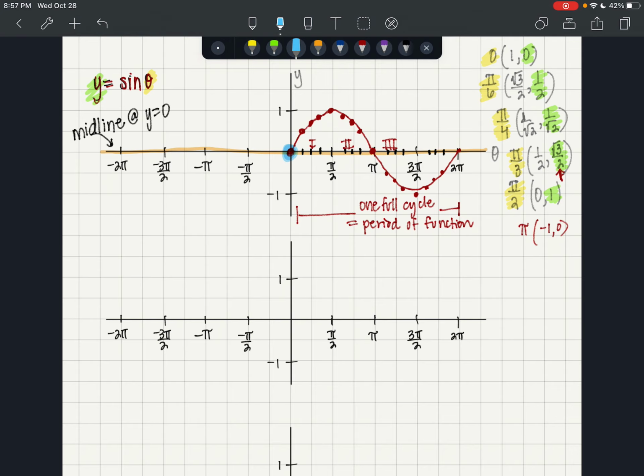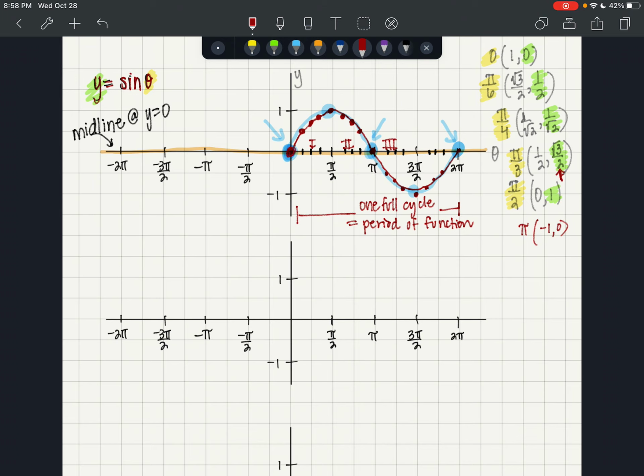So sine starts at the midline, ends at the midline. Halfway through, it's at the midline. Halfway through the first 2 points, we're at a maximum. Halfway through the next 2, we're at a minimum. Connect the dots, and we've got our sine curve.